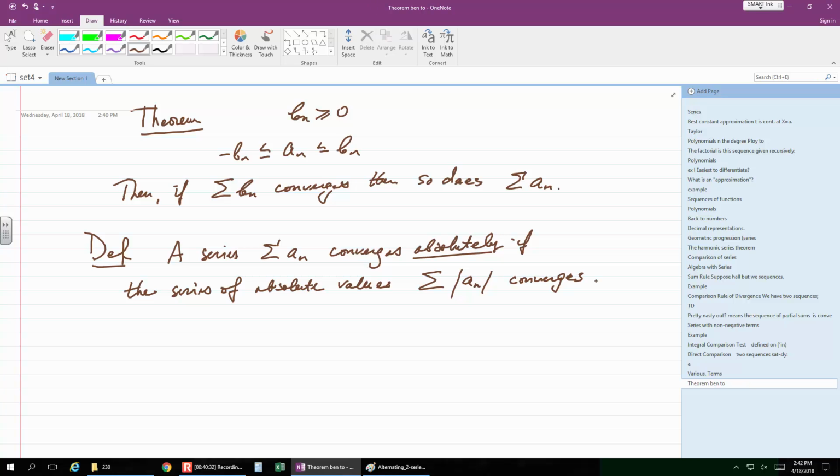So as you can see, that's the explanation of the word absolute. It refers to the absolute value.